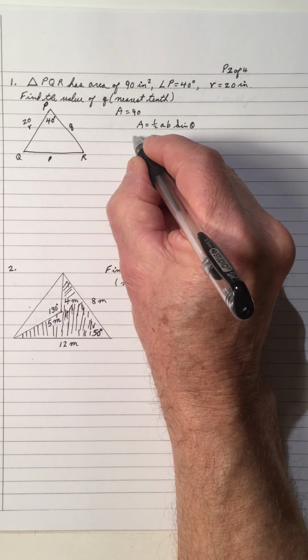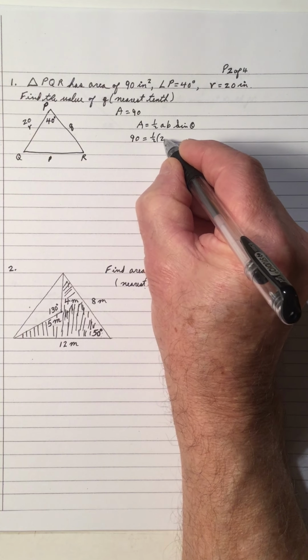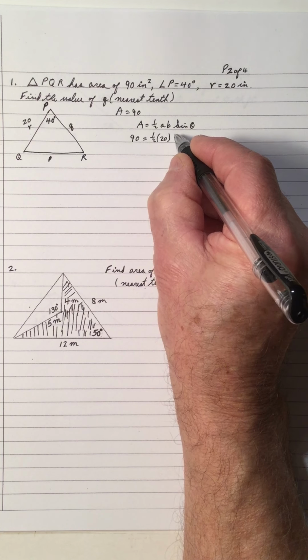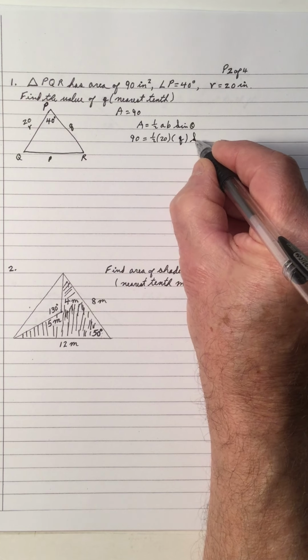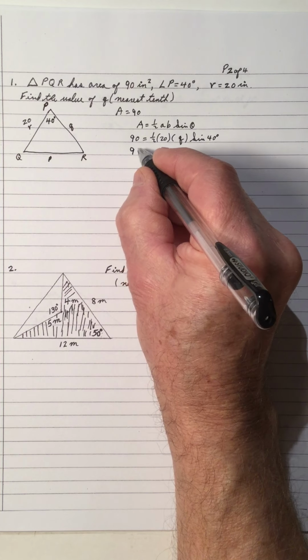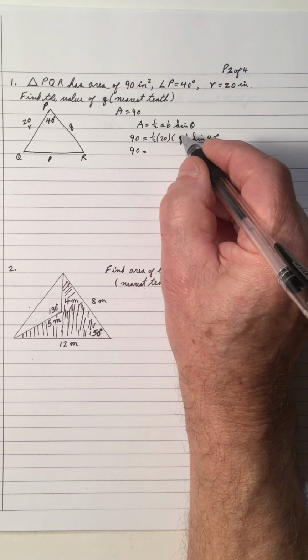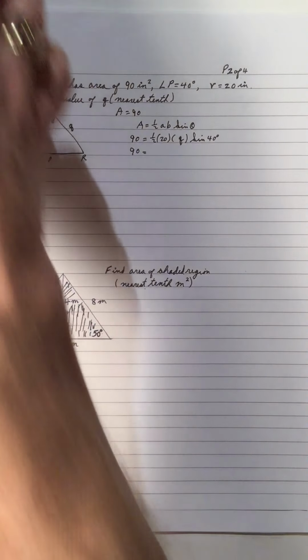So the area is 90, half of 20, b is small q, and I have the sine of 40. Half of 20 is 10, so it's 10 sine 40.